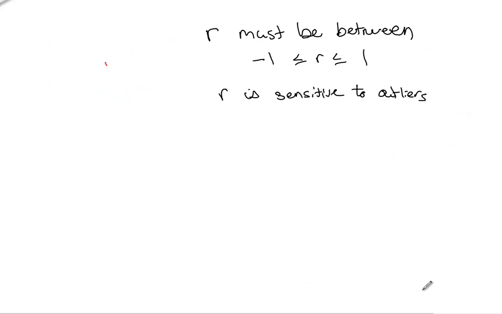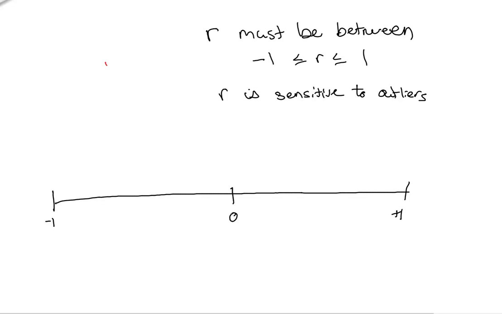And so when we're looking at the scale between a -1 and a +1 for our correlation coefficient, with 0 being in the middle, if we have a -1, that means that there is a strong negative linear relationship.